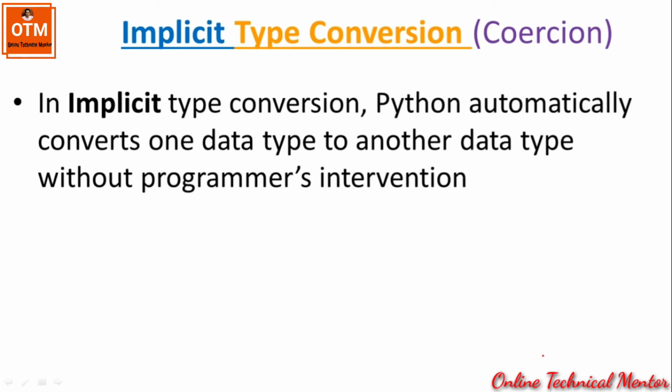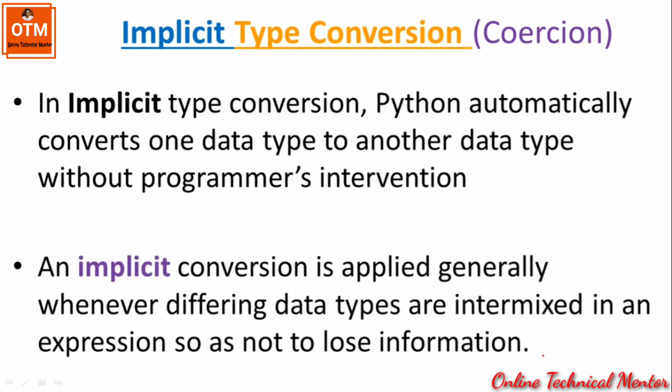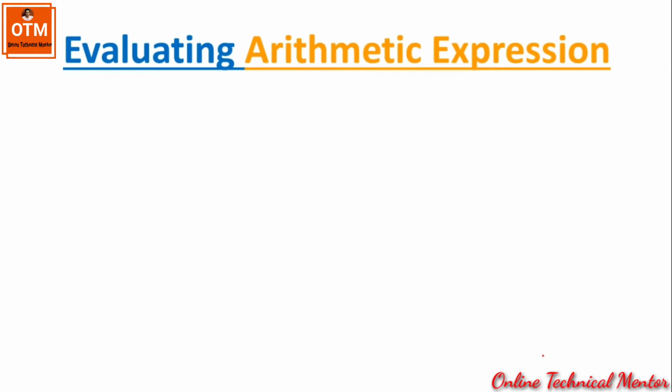In implicit type conversion, Python automatically converts one data type to another data type without the programmer's intervention. An implicit conversion is applied generally whenever differing data types are intermixed in an expression so as not to lose information. Now let me show you an example.